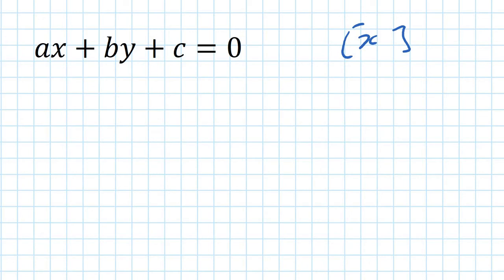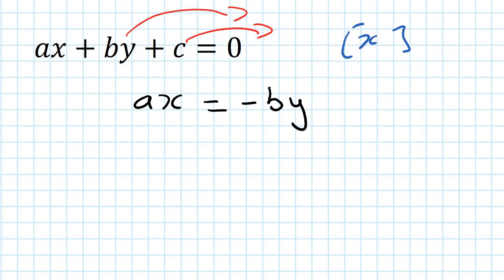Step number one, remember, I want my x by itself, so I move everything to one side except x. So I move these two across. So ax is equal to, I just write ax down, and by moves across and becomes minus by.